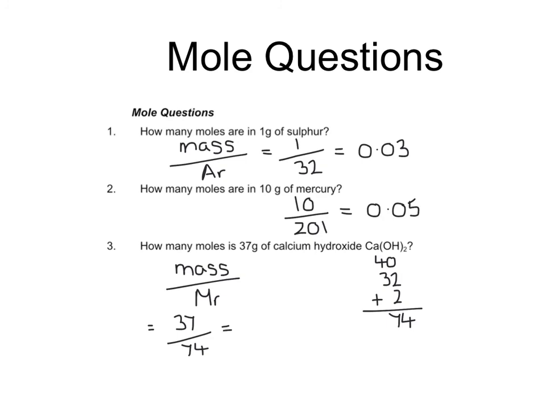When I plug that into the calculator, we have 0.5 moles of calcium hydroxide. So when we're asked to work out the number of moles, it'll always work the same way. We take the mass that we're told in the question, and divide that by the relative atomic mass if it's an element, or the relative formula mass if it's a compound.